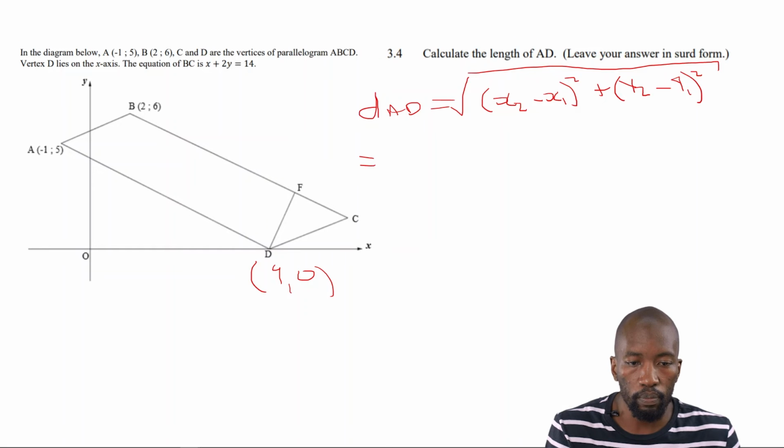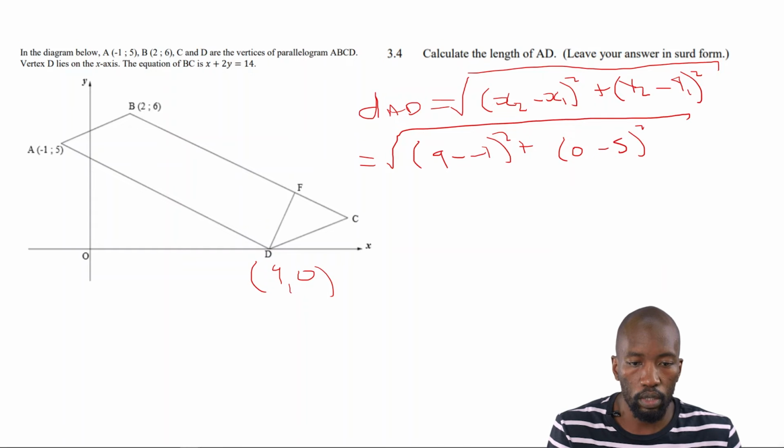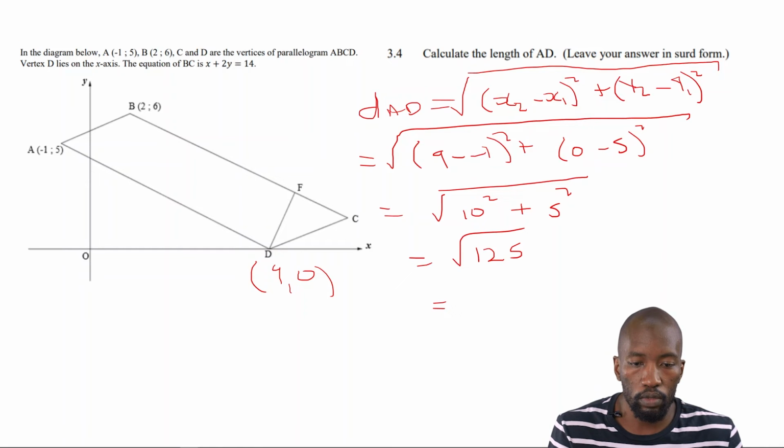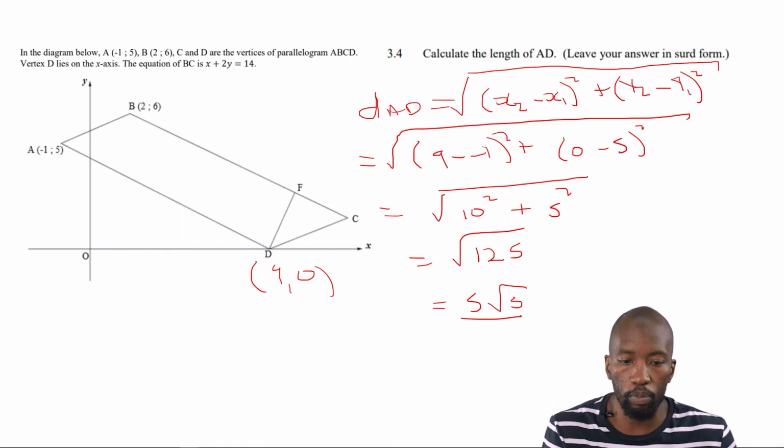Then we can say it's 9 minus 1 all squared plus 0 minus 5 squared. And this is just going to be 10 squared plus 5 squared, and this will just give us the square root of 125, and that is just 5 root 5, and that is the final answer for 3.4.